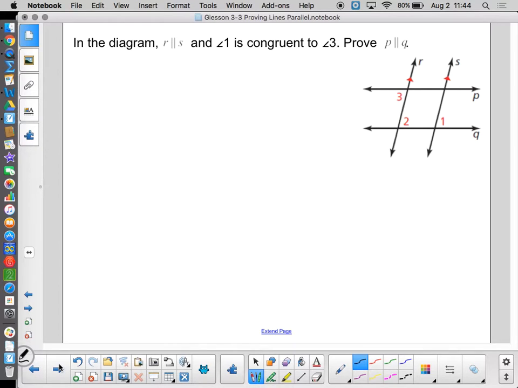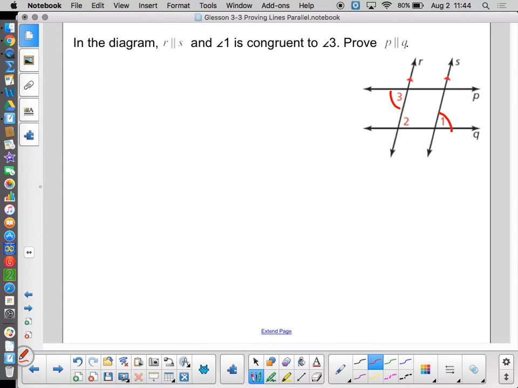R is parallel to S and angle 1 is congruent to angle 3. Prove P is parallel to Q. Okay, we aren't going to go through the whole written proof here, but let's just reason our way through it. We know angle 1 is congruent to angle 3, and we know these two lines are parallel.